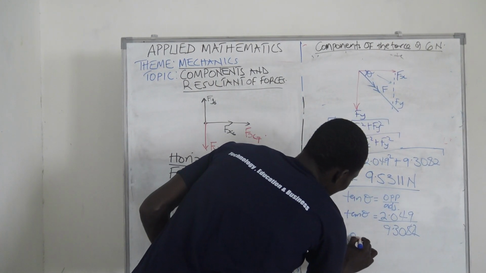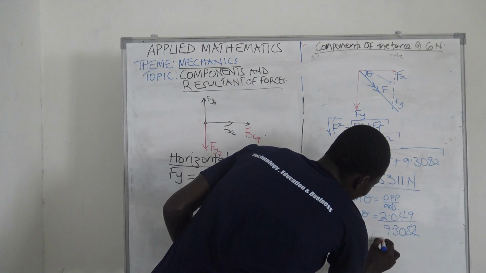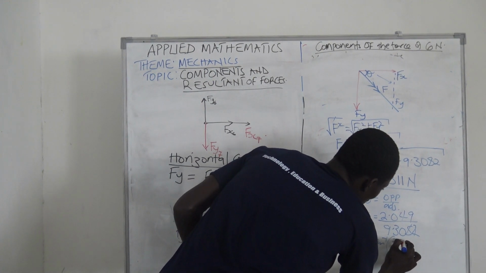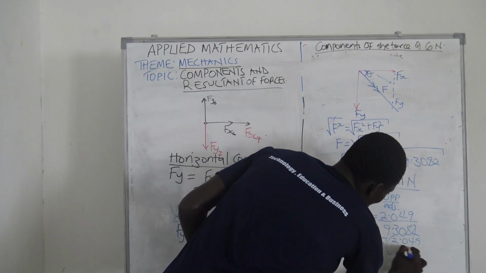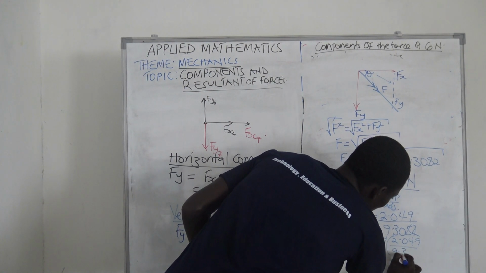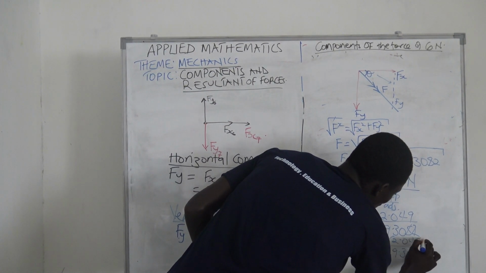So our star equals tan inverse of 2.049 over 9.3082.